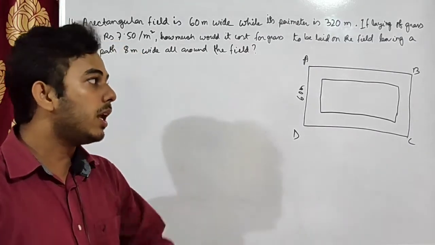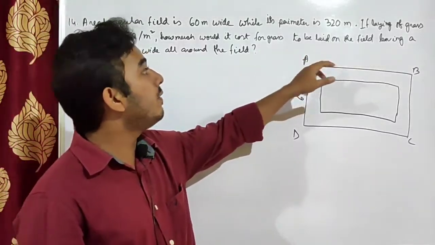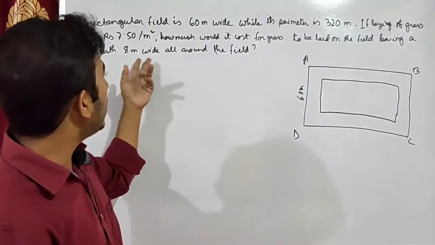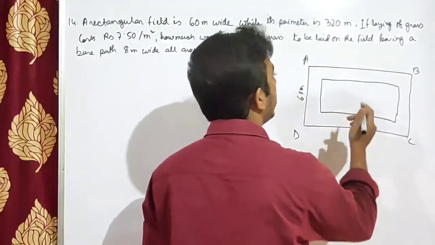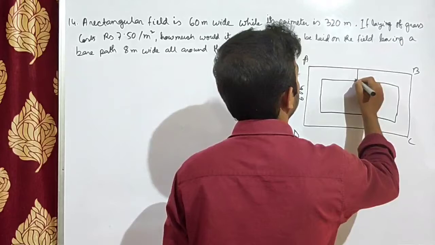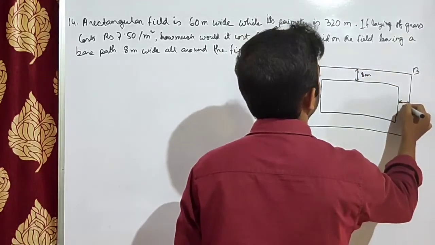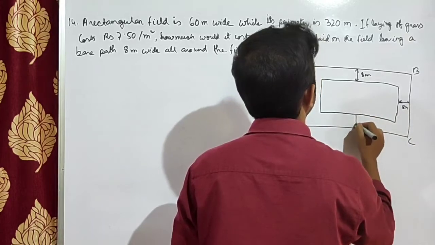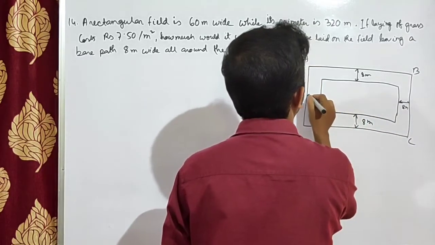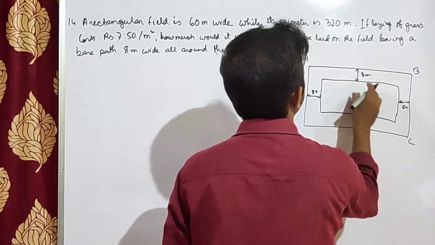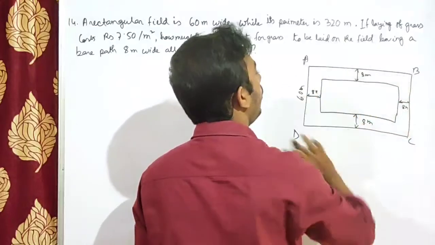But one thing here: it is given that grass is to be laid on the field, leaving a bare path 8 meter wide all around. So we have to leave an 8 meter path all around the field. Suppose this is 8 meter, 8 meter, this is also 8 meter, this is also 8 meter. So where will the grass grow? Only in this part, not in the whole field.